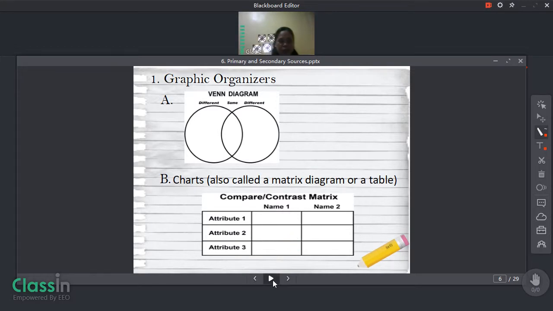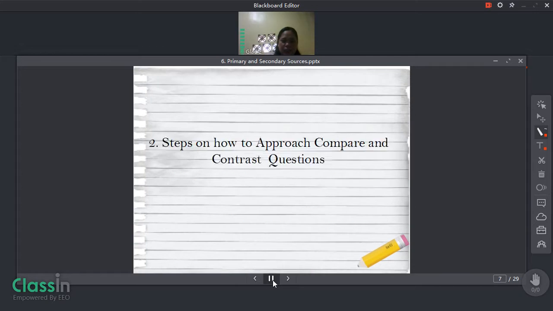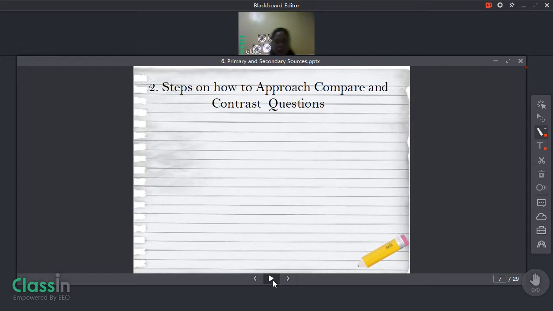Okay, and the second one is the use of steps on how to approach compare and contrast questions. So the first step is to analyze the questions.